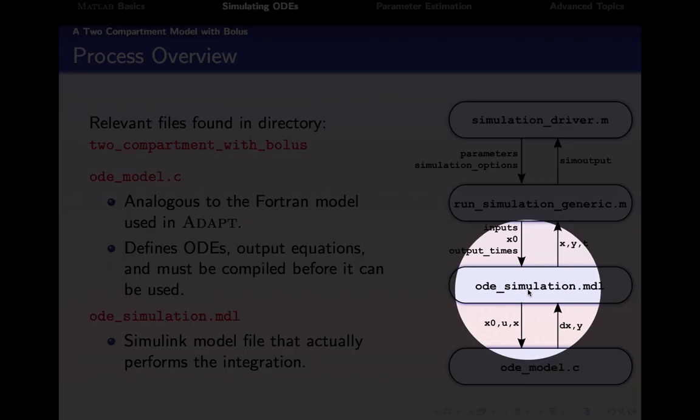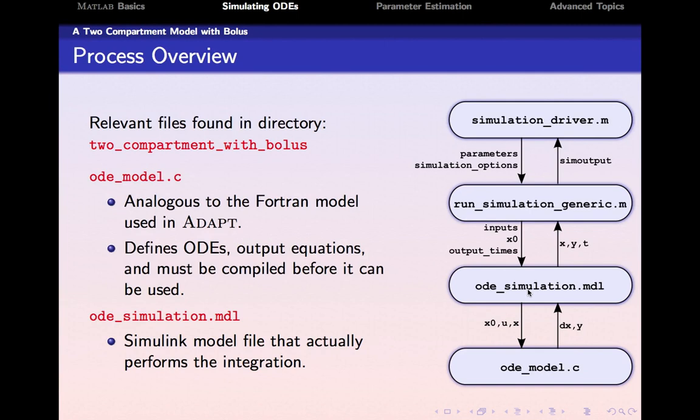The ODE_simulation.mdl file is a Simulink model, and what it does is it sends into the ODE_model.c file a set of initial conditions, x0, a set of inputs, u, and the set of states, so the current state at any given point in time, x. And what ODE_model.c does is it returns, it's a function, a vector of derivatives and a vector of outputs.